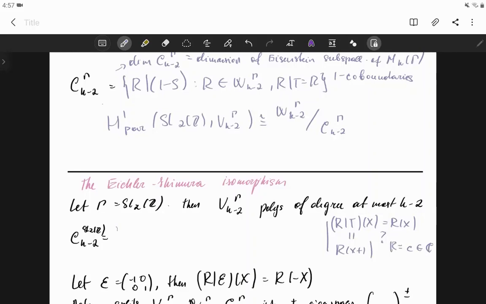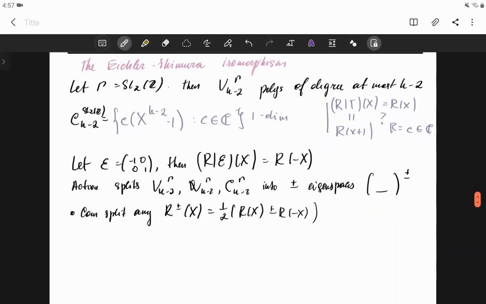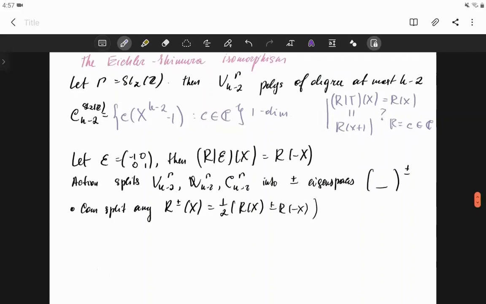So from the definition, we can get that the one coboundaries are given by the following functions. We have c times x to the k minus 2 minus 1, where c is a constant in C, and indeed it's one-dimensional. We know that the Eisenstein subspace for SL2Z is always one-dimensional for each weight. We just have one Eisenstein series. Okay, that was a bit of a detour. I like working out this example in particular.